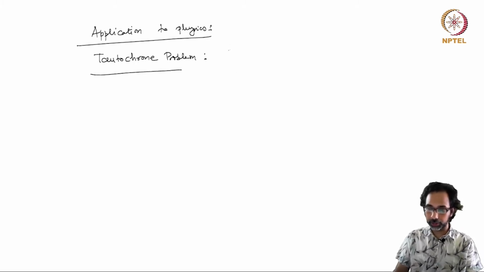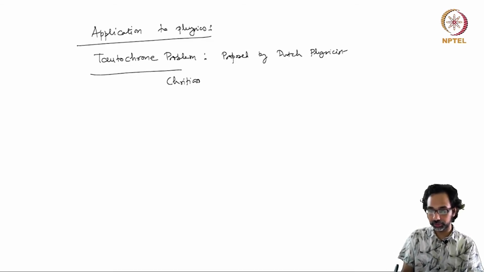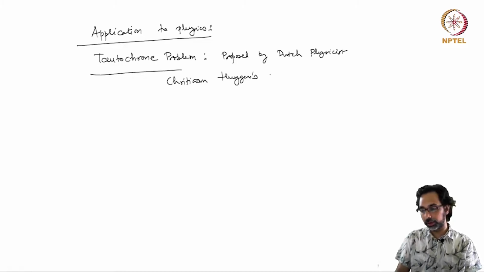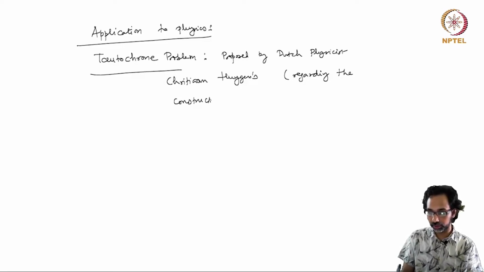This problem was first proposed by the Dutch physicist and mathematician Christian Huygens, regarding the construction of pendulum clocks.